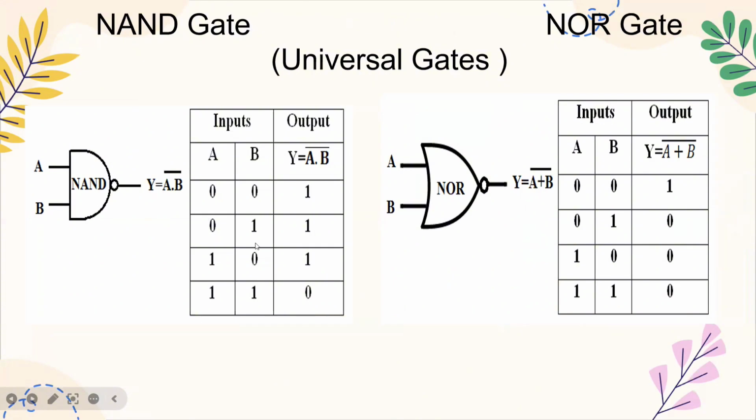The remaining times we get the output 1. The complement of the AND gate output is the NAND gate output. The second one is the NOR gate, the complement of the OR gate. When both the inputs are 0, only then do we get the output 1. When any one of the inputs is 1, we get the output 0.